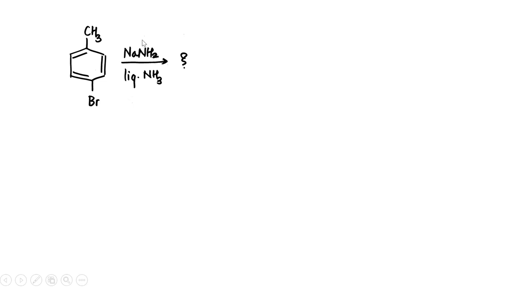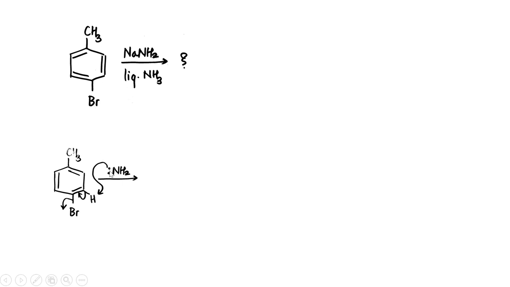Now in this structure, which alpha hydrogens do we have? This carbon containing bromine, so alpha carbon is this. Here is one alpha hydrogen, and here is the second alpha hydrogen. See, this structure is symmetrical, right? So both alpha hydrogens are symmetrical. Whichever it abstracts, it will give the same product. So let's see one by one.